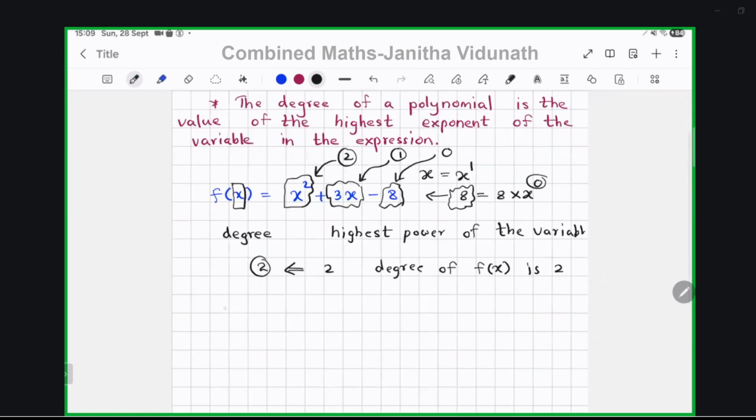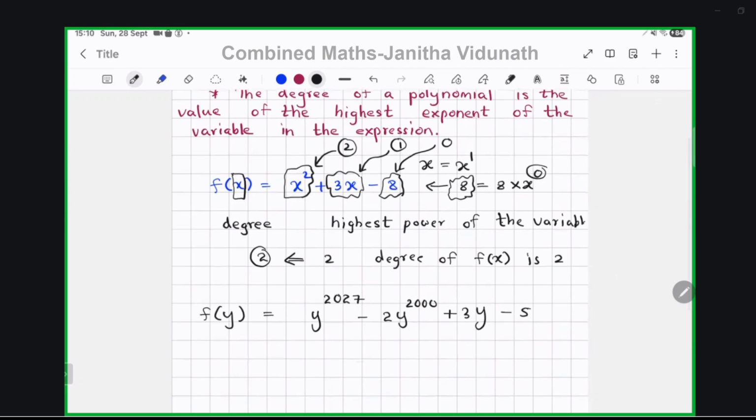Okay, let me give another example for you. Let's take f(y) is equal to y to the power 2027 minus 2 times y to the power 2000 plus 3y minus 5. Here the variable is y. Now we need to find the highest power of the variable.